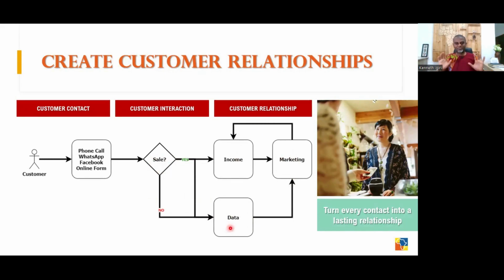Whatever your business is, you sell items, you do software, you do clothing, what you want to do is find a systematic way to collect the data, whether the person makes a sale at the first point of contact or not.